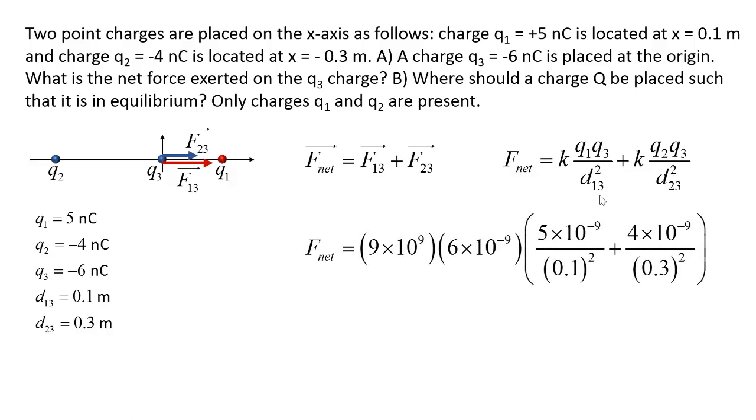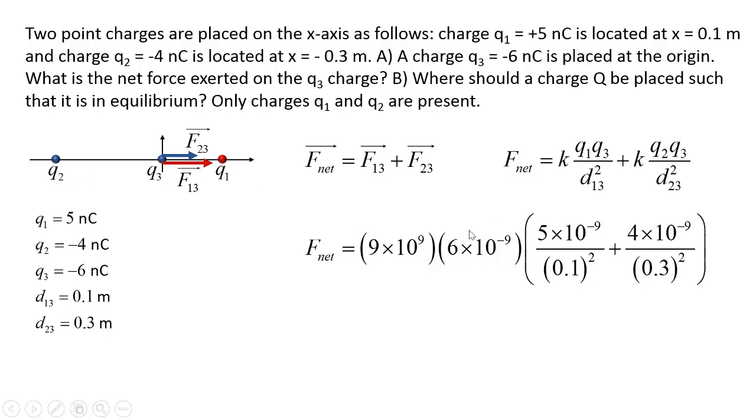And we have then that the net force equals, the electric constant K is 9 times 10 to the 9. Charge Q3 is 6 times 10 to the minus 9 coulombs, and I want you to see that I have not replaced the charge with its sign. I have already taken into consideration the fact that Q3 is a negative charge when I drew the direction of these forces applied by charge Q2 and Q1.